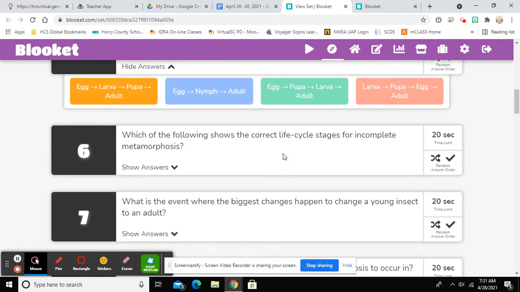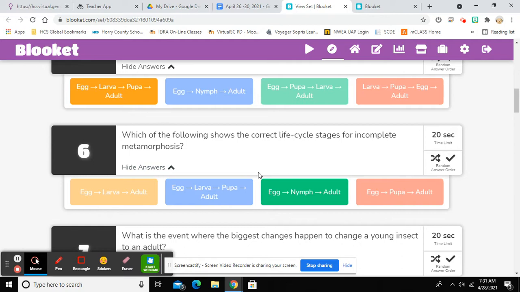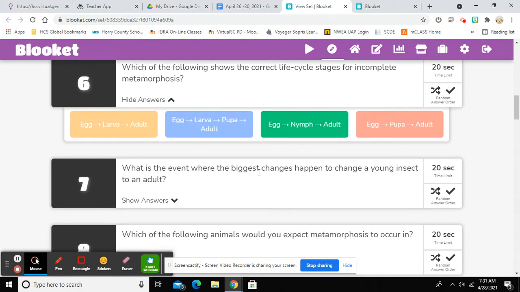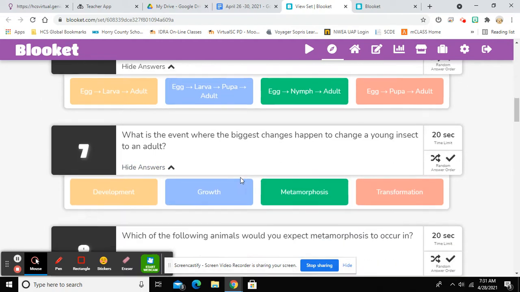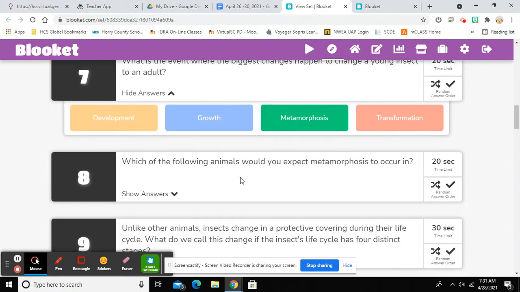Which of the following shows the correct life cycle stages for incomplete metamorphosis? In the event where the biggest changes happen to change a young insect to an adult, so what is the event? Which of the following animals would you expect metamorphosis to occur in?